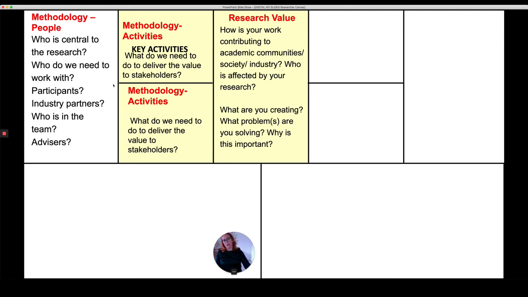Are there particular industry partners that we work with? Is it a particular primary care trust? Is it a particular firm who perhaps has some machinery that you need to use? Who's in the team essentially, or who do you need in your team to make this central part work? Is it an advisor? Perhaps your PhD supervisor is absolutely integral.